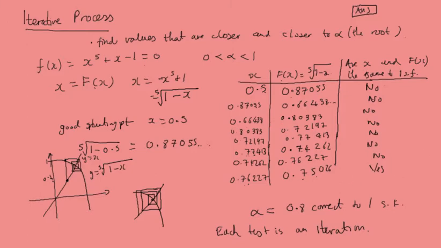If I'll quickly add this in here. So in this relationship we had x equal to this function f of x. So what we're doing here is each time x_(n+1) is a function of some value f of x_n.